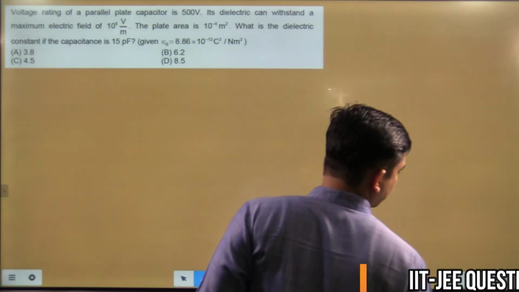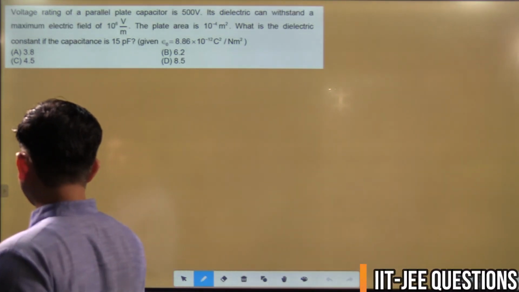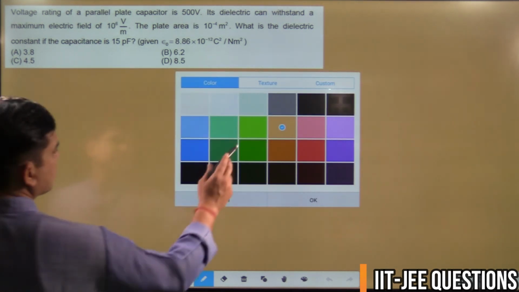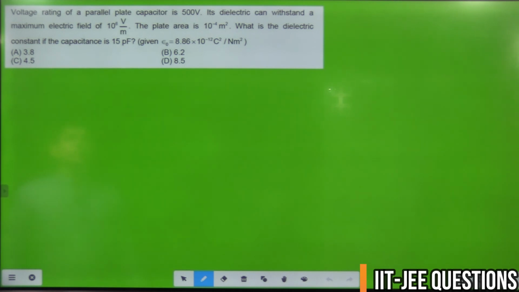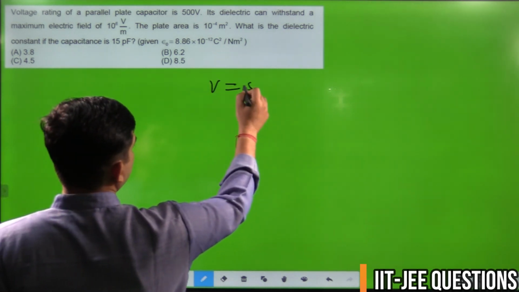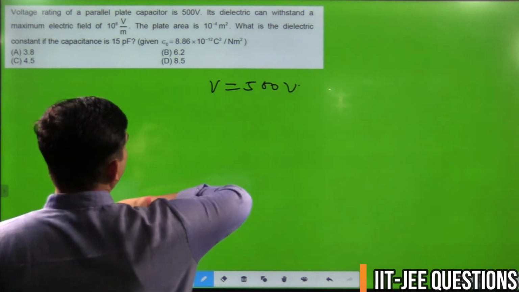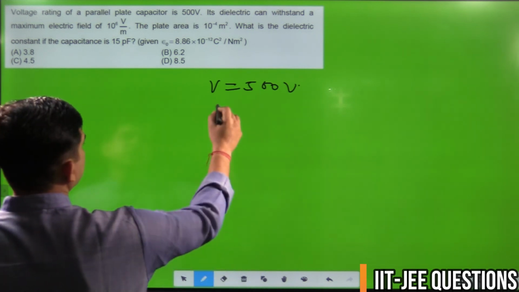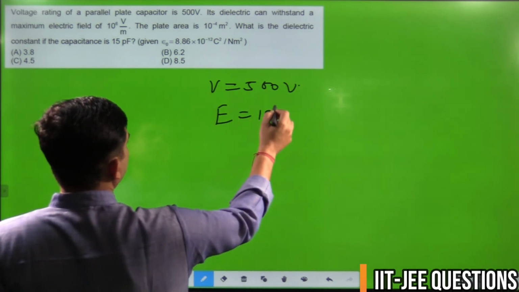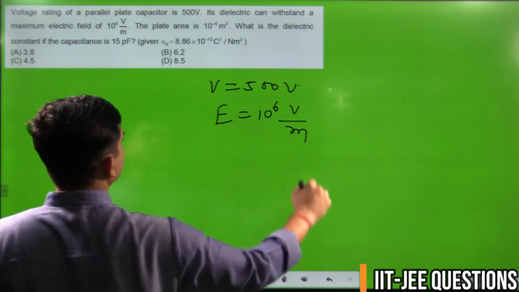Next we have the last question, question number 10. The voltage rating of a parallel plate capacitor is 500 volt, means V is 500 volt. Its dielectric can withstand a maximum electric field of E equal to 10 to the power 6 volt per meter.